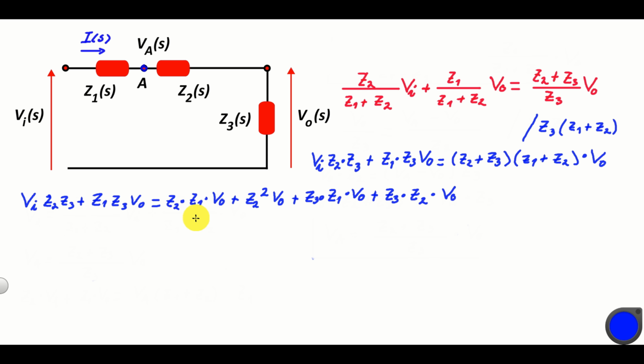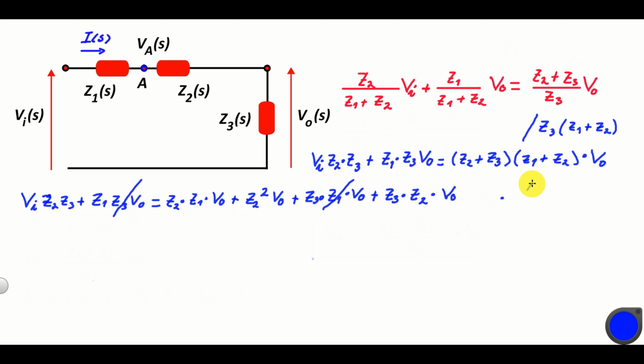Let's try to modify this equation and to see how to simplify it. First of all, let's notice this term Z1, Z3, VO on the left-hand side, and let's find the equivalent term on the right-hand side. Here it is, Z3, Z1, VO, and we can simply cancel these two terms. Next, we can observe that in the transformed equation, we have Z2 here, Z2 here, Z2 here, and Z2 here.